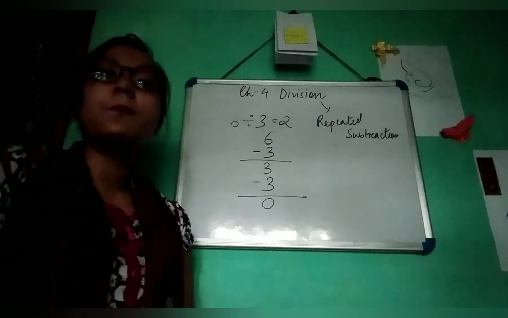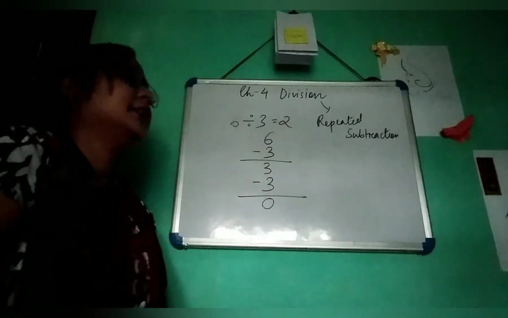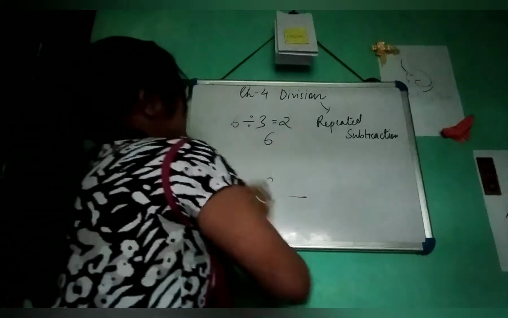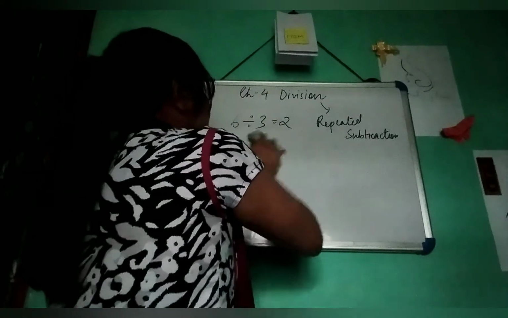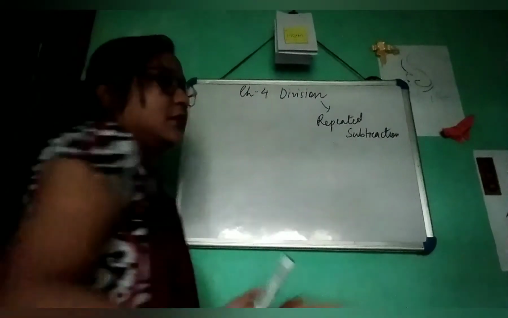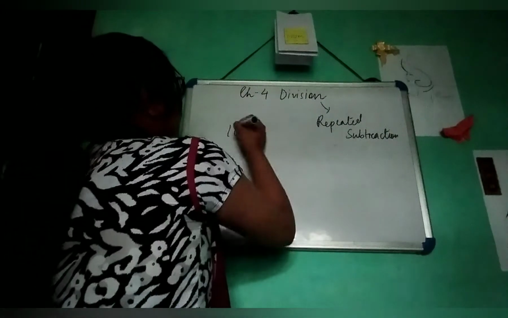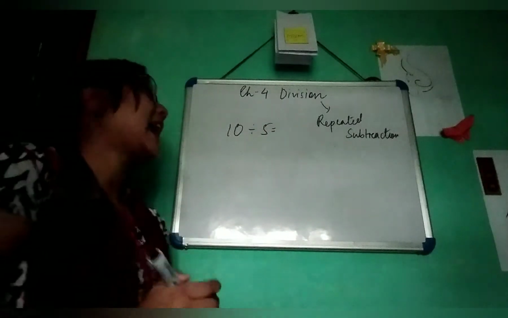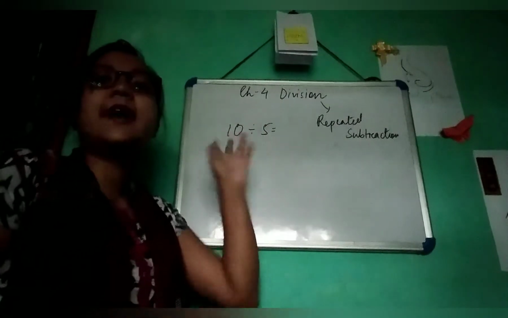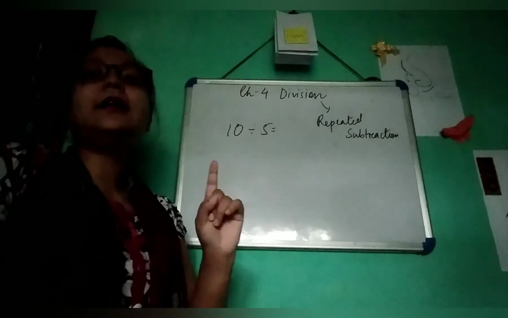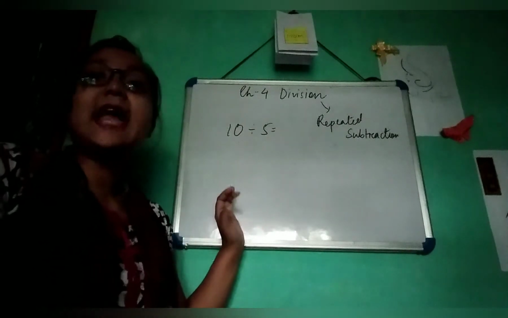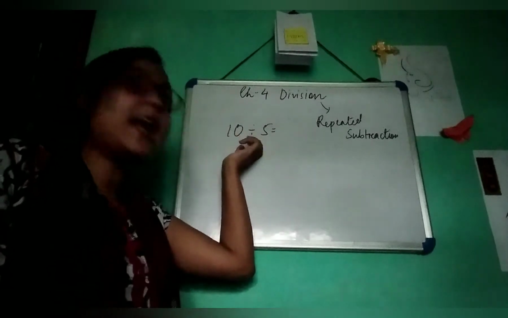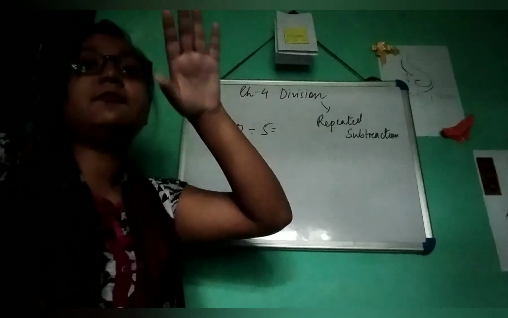So there are some properties of division which we will learn. Now suppose I am giving 10 divided by 5. So this means what? Suppose you have 10 pencils, and you have to divide those 10 pencils among 5 students.